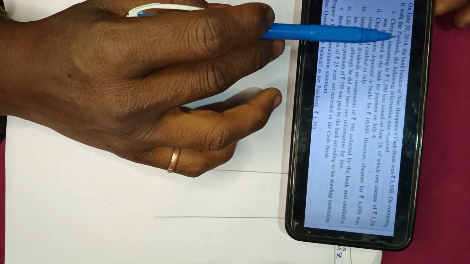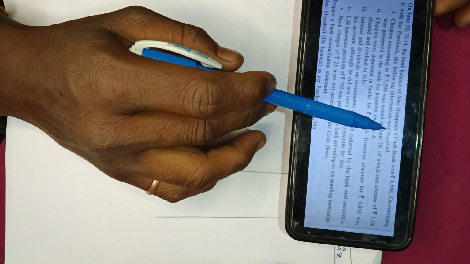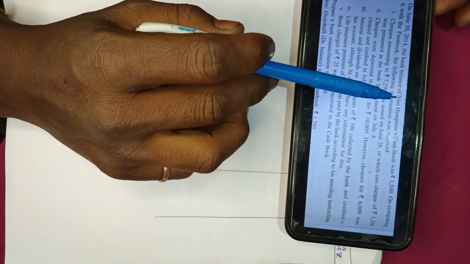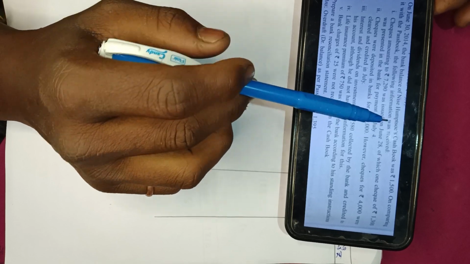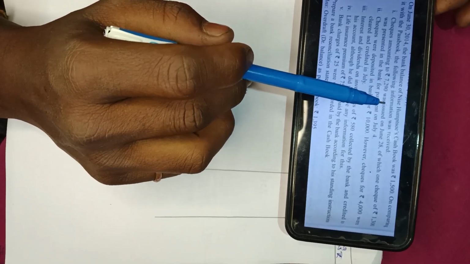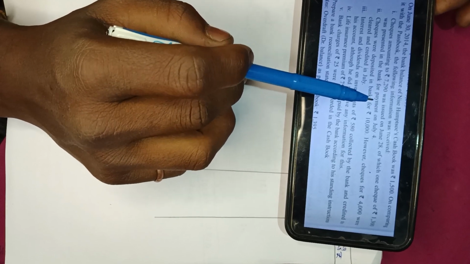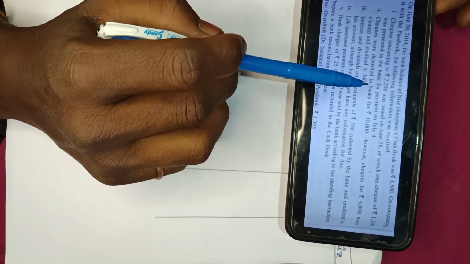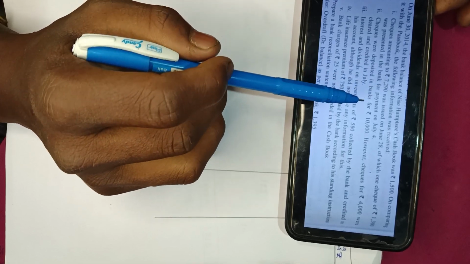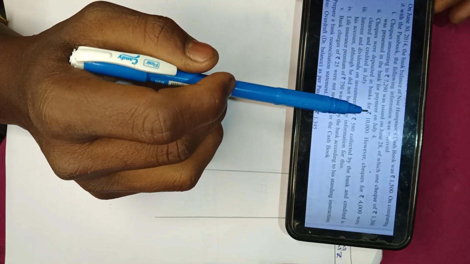On comparing with the passbook, the following information was received. These are the transactions that have been entered in the passbook but not in the cash book. From this information, we have to prepare the bank reconciliation statement.